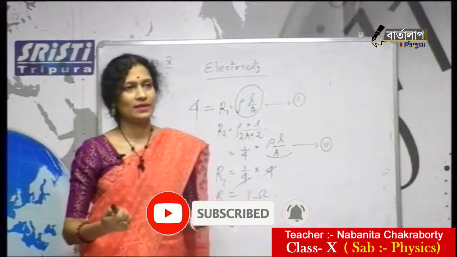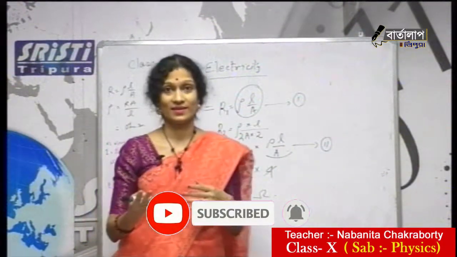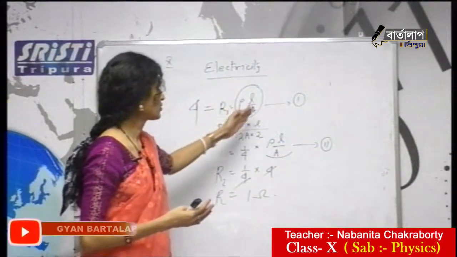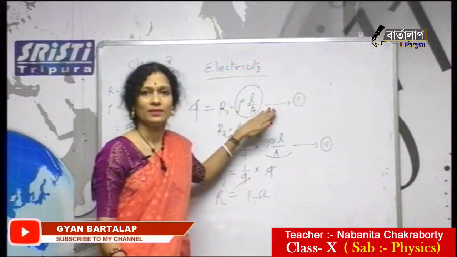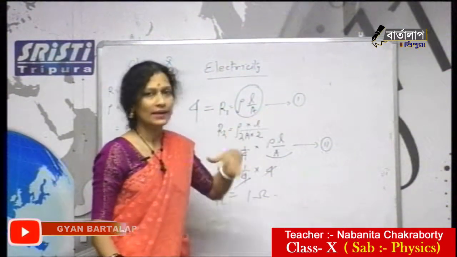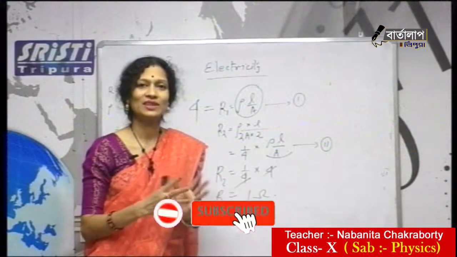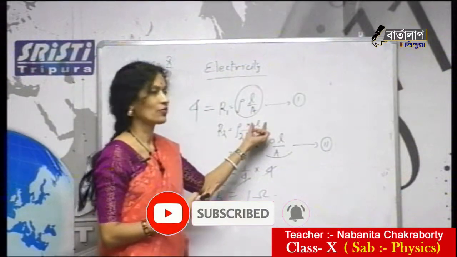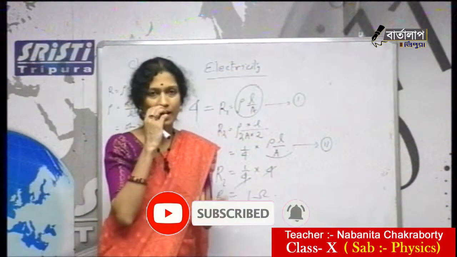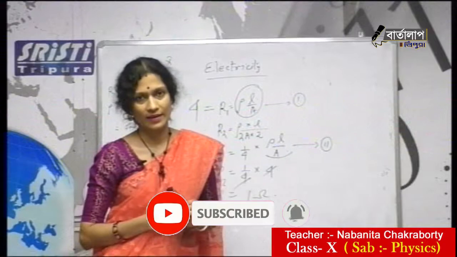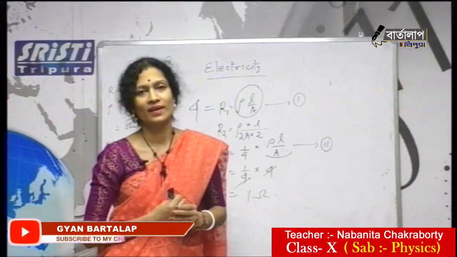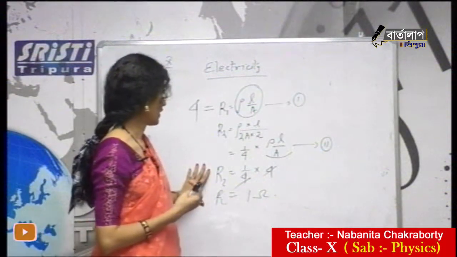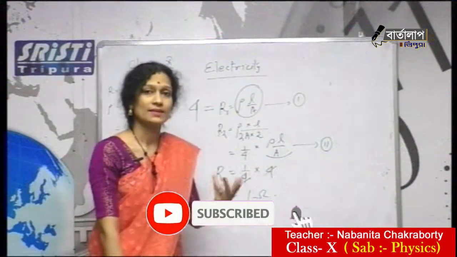If it is said that the length is twice and the area is half, then in case 1 you write L and A, and in case 2 the length becomes twice L and the cross-sectional area becomes half, that means A by 2. In that way, you can also solve this type of numericals whenever you have to find the resistance in the second case.